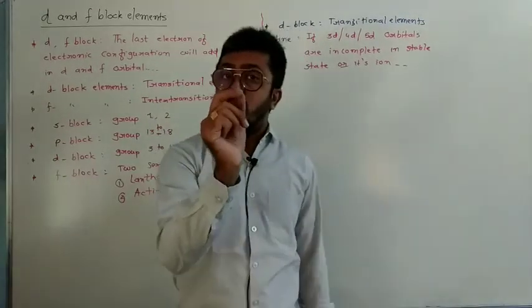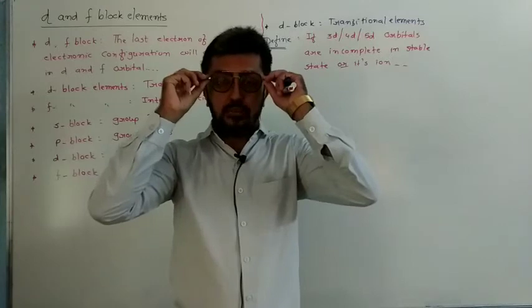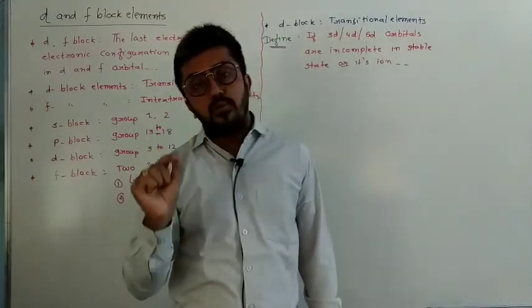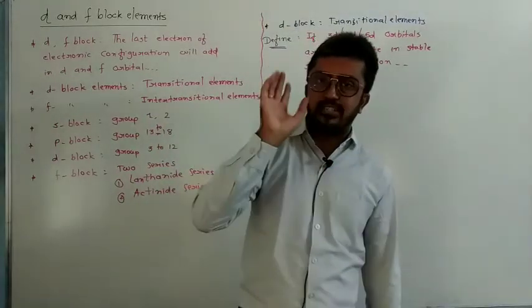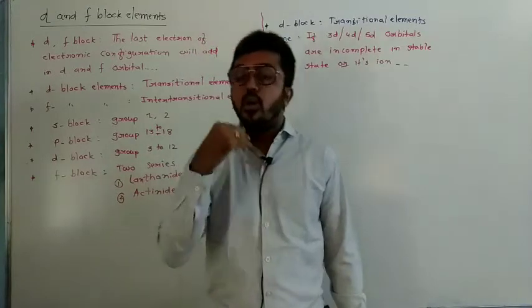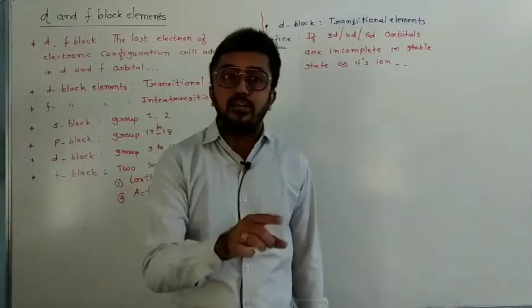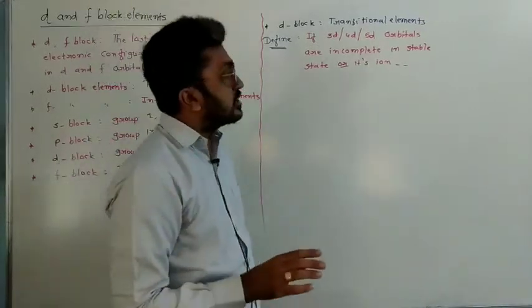You have to write the electronic configuration of an element. If 3d or 4d or 5d orbitals are incomplete in stable state, then it is a transitional element, or not in a stable state but in its ion, the electronic configuration of its ion, then it is a transitional element.